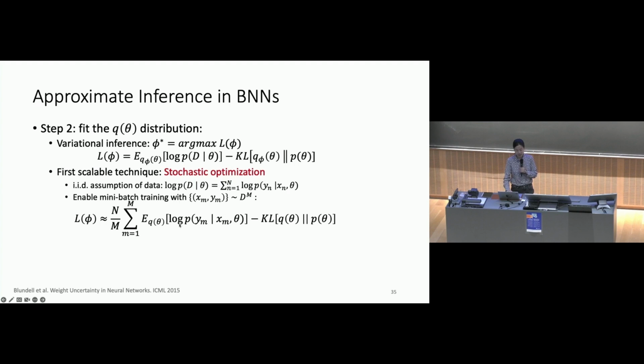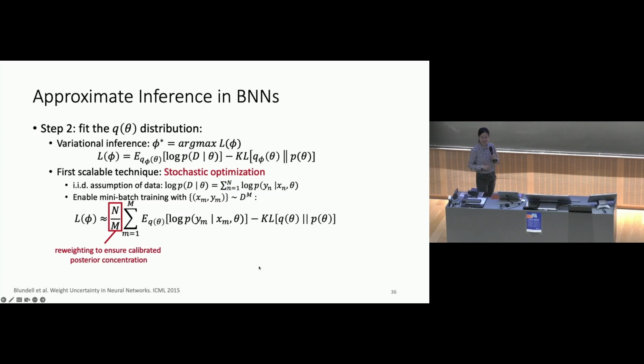This means you can use a mini batch of the data points to approximate this sum. If you use a mini batch, you first compute the average of the data likelihood over this mini batch, and then put back the right scaling.